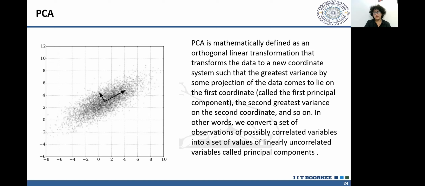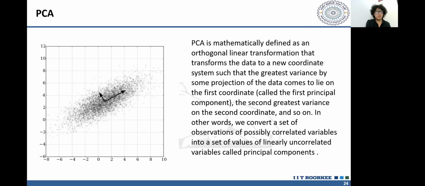PCA is mathematically an orthogonal linear transformation. It transforms the given data to a new coordinate system. The new coordinate system is represented by the coordinates of the principal components. Based on the dimension of the data, it can have multiple principal components.